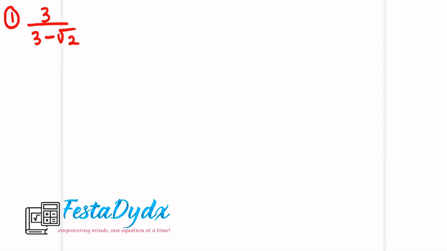The conjugate of 3 minus root 2 is 3 plus root 2. So we multiply the numerator and the denominator by 3 plus root 2, that is, times 3 plus root 2 all over 3 plus root 2.